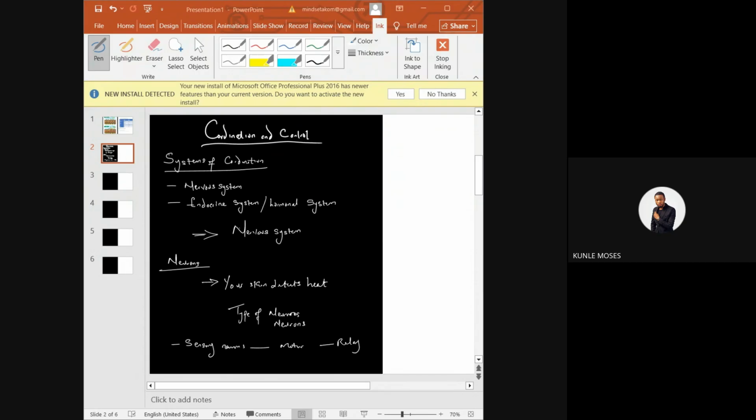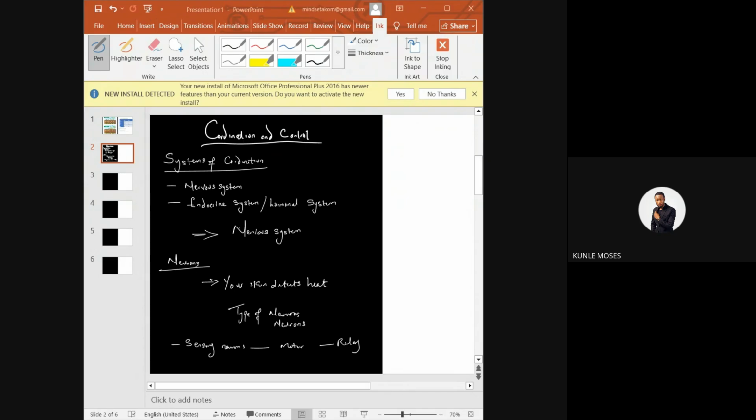Take your hand away from the hot pot or the hot object. Immediately that occurs, the motor neuron will take the instruction and the instruction will be coded. The next thing you will do is quickly move your leg away from the stone, or probably move your hand away from the hot object, or move your foot away or anything.